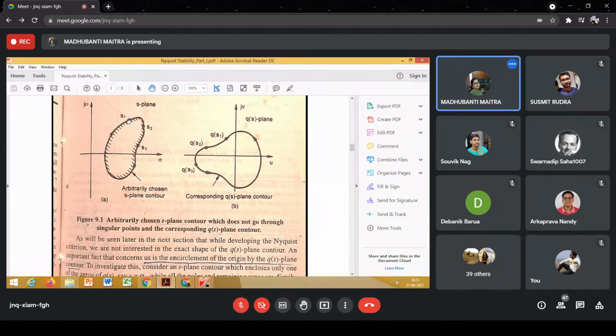Yes, ma'am. So we can conceive another plane which we'll call the Q(s) plane, and it has the axes labeled u and jv, right? So at s equal to s1, if the given Q(s) is analytic, then we'll get a point on this Q(s) plane which will be Q(s1).